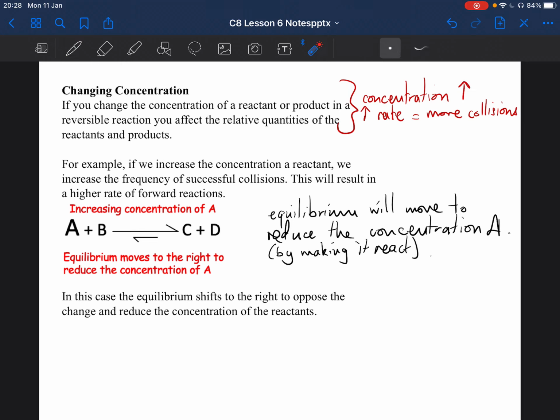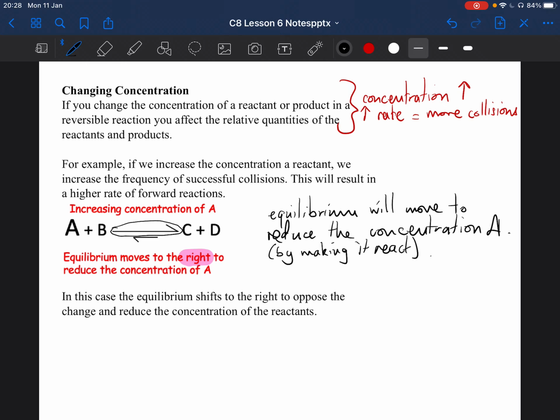So what actually happens is this. You've got more A in here, so more collisions are going to happen. Because there are more collisions happening, you now are going to see our equilibrium shift right. It's going to move that way. And I've actually tried to show you that by drawing this half arrow a bit bigger.